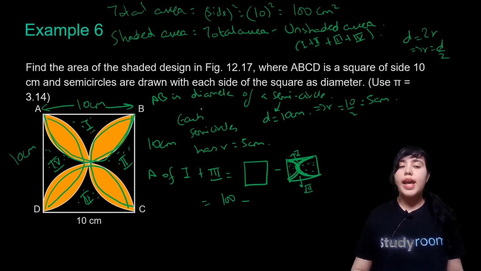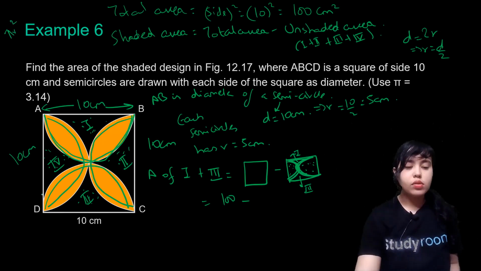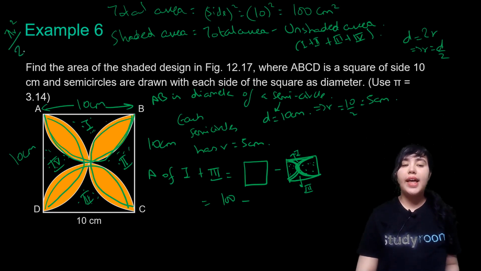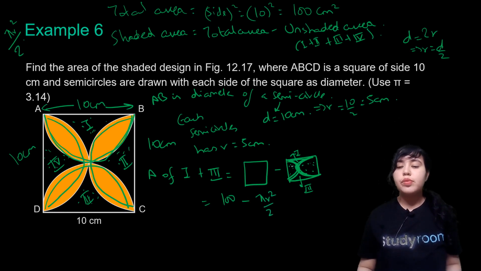Okay, so if my area of circle is pi r square, my area of semicircle will be half the area of a circle, that will become pi r square by 2. Now do I know this r value? I already know it, that is 5 centimeters. So pi r square by 2 is for one semicircle, but here I am having two semicircles, so pi r square by 2 into 2.